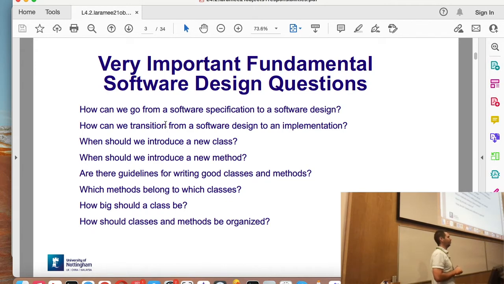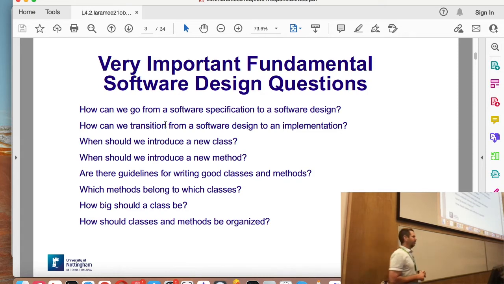That is something we have talked about so far, but we're going to talk about that more. Which methods belong to which classes? Some of you, if you're in the advanced stages of software development, have already started thinking about that question. And how big should a class be, and how should classes and methods be organized? These are the fundamental questions we're going to try to answer in the next 3 weeks or so, or 2.5 weeks really.